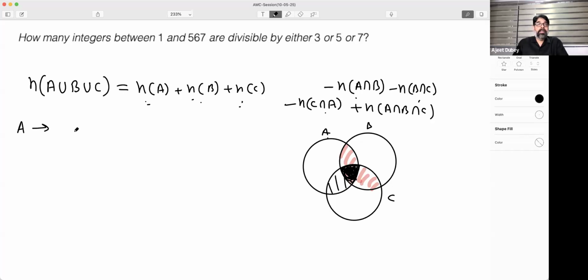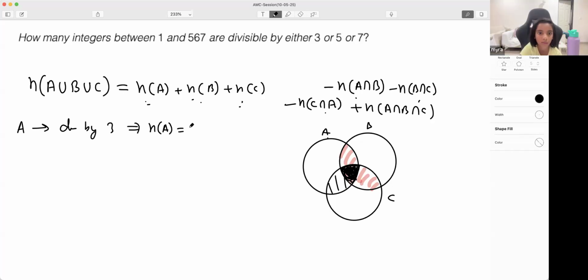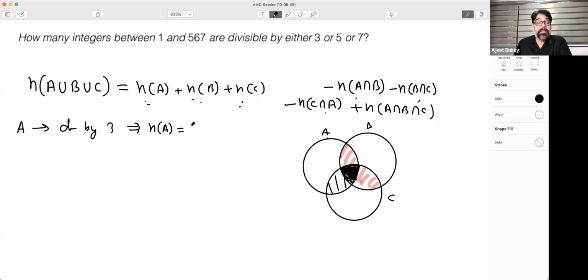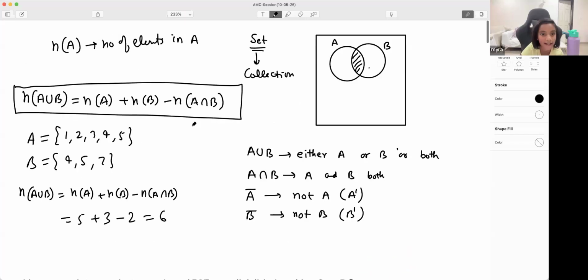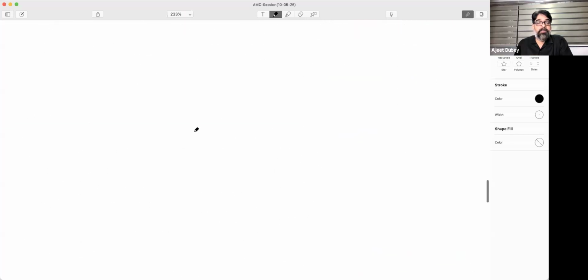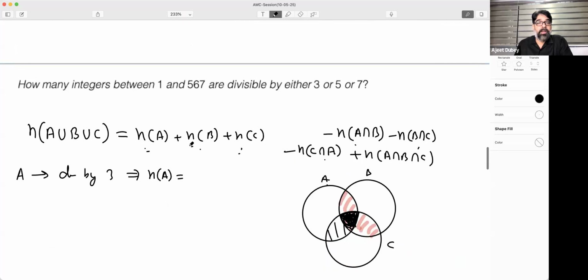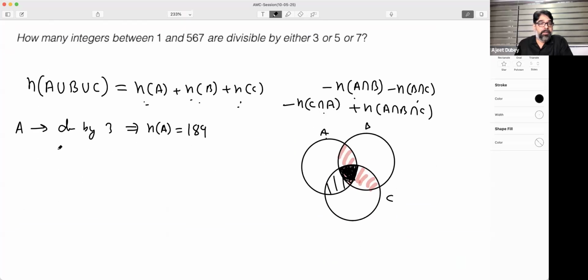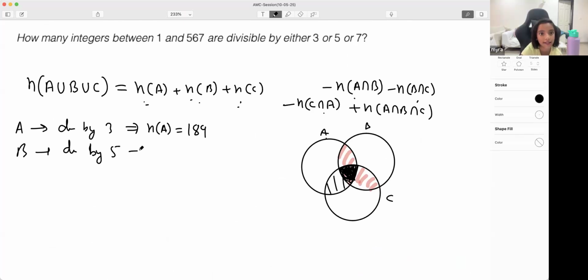Shreyang, correct. Suppose A is divisible by 3. So NA will be what? We already calculated, I think. 189. B divisible by 5: 113.